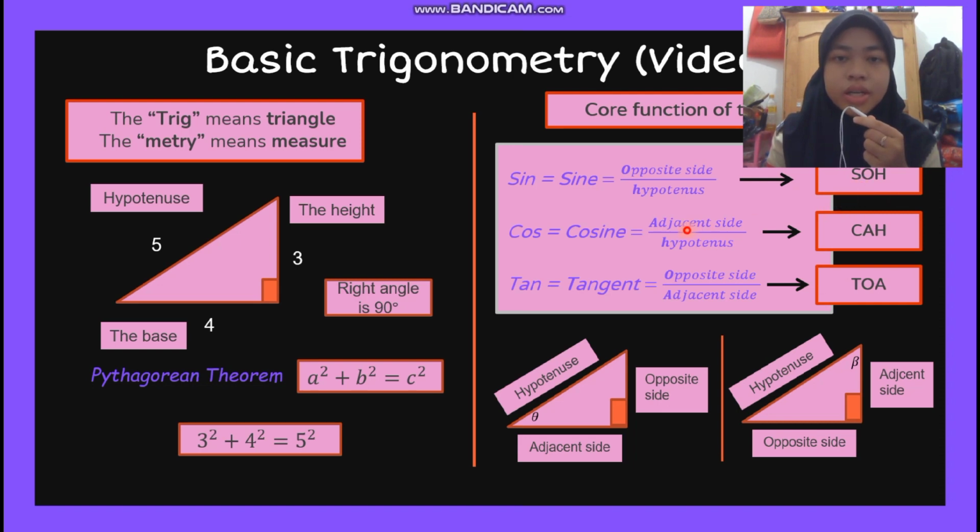And cosine is adjacent side divided by hypotenuse. And tangent is opposite side divided by adjacent side. And this is a triangle. This is the opposite side, adjacent side, and hypotenuse.